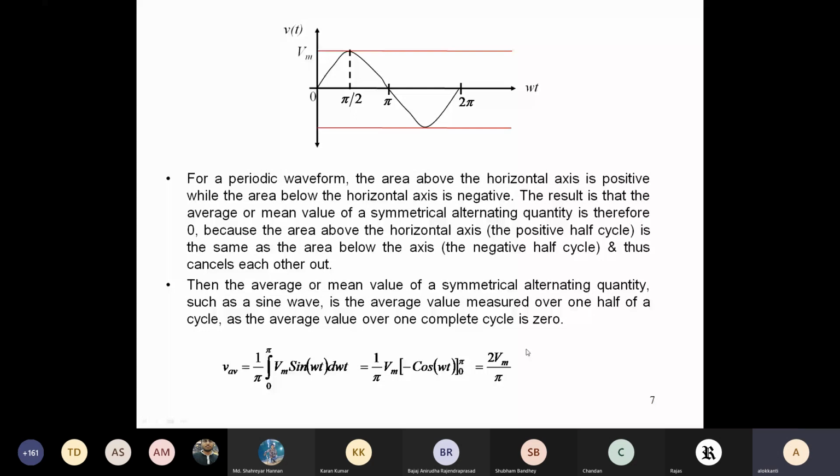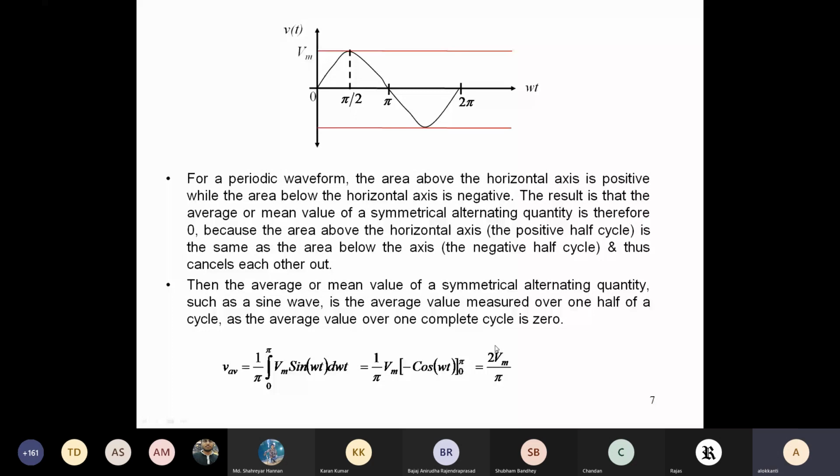So the average value of this sinusoidal waveform, averaged over half of the cycle, is 2 Vm by pi, and you can use your calculator to find the value of 2 by pi. That is 2 by pi times the maximum value of the waveform.